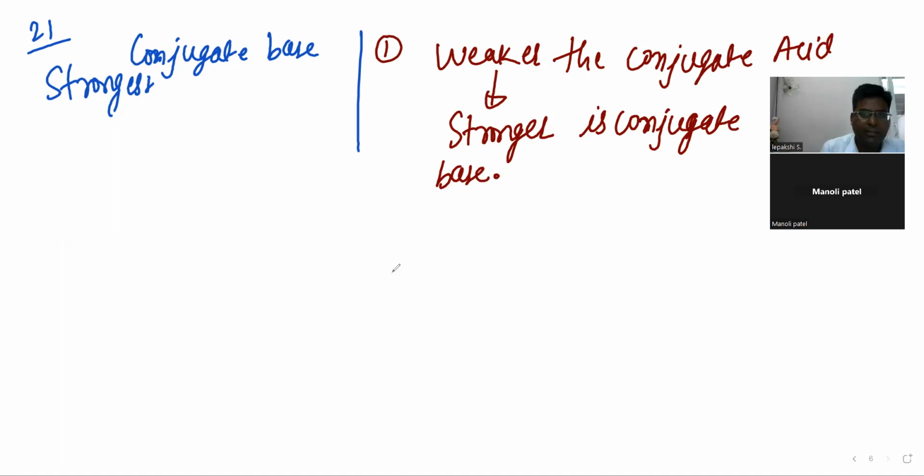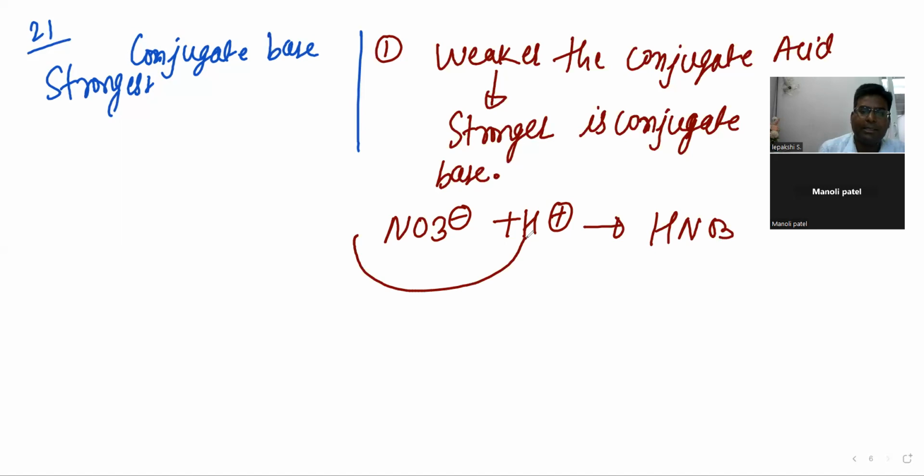So see here, NO3 minus is there, right? When it accepts H plus, the minus and plus get neutralized and it forms HNO3, right? So H is attached here, and it forms HNO3. This is the weaker conjugate acid it is forming. Minus sign is there, that's why it is a base, and when H plus is there, then it is an acid.